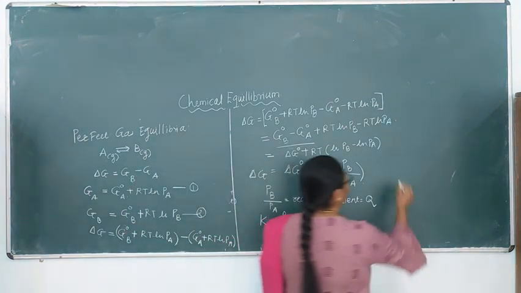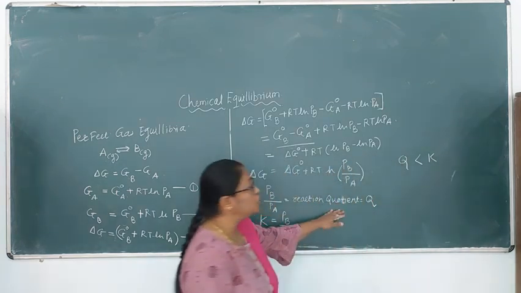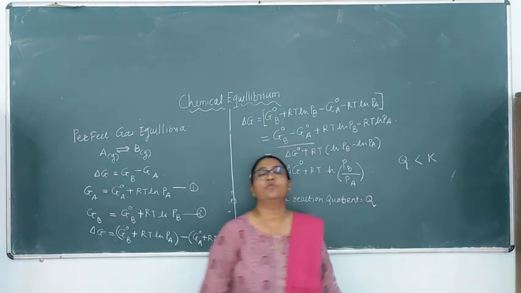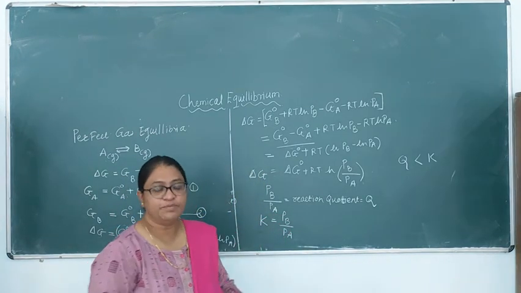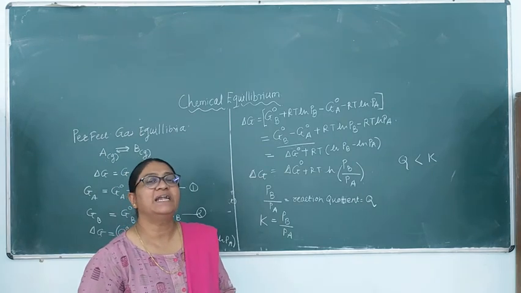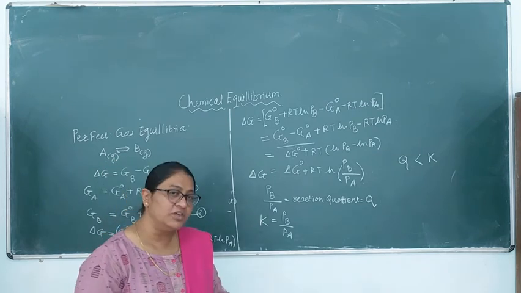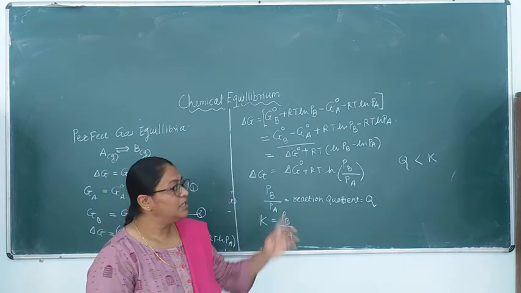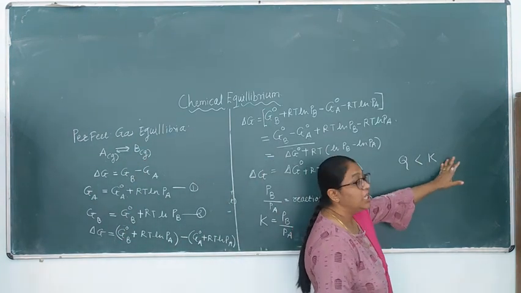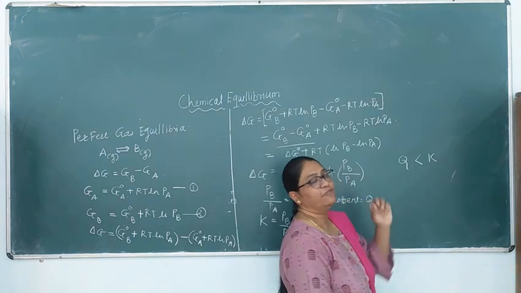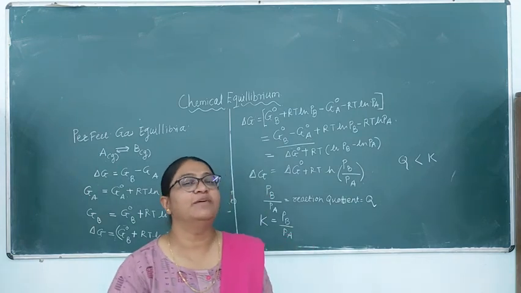When Q is less than K, that means when the reaction quotient is less than the equilibrium constant, then the forward reaction is taking place at a greater rate than the reverse or backward reaction to attain the equilibrium. So when Q is less than K, the forward reaction is favorable to attain equilibrium than the backward reaction.